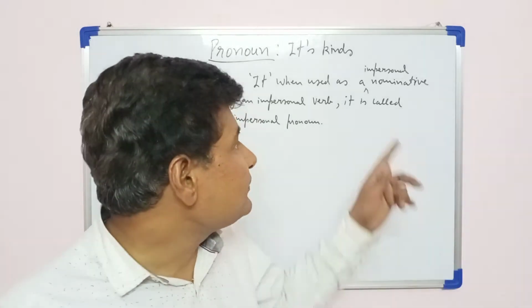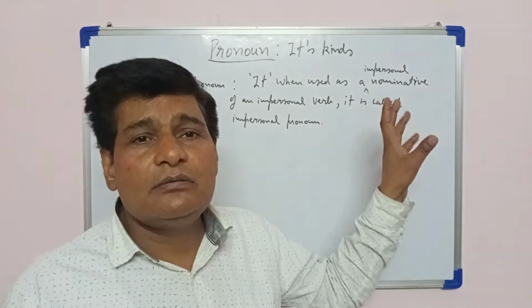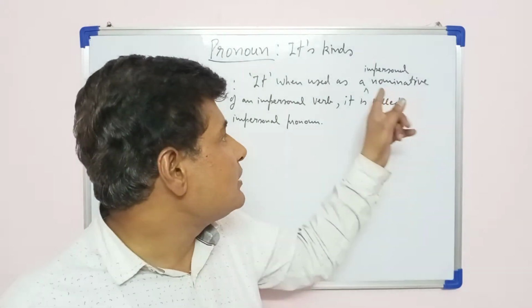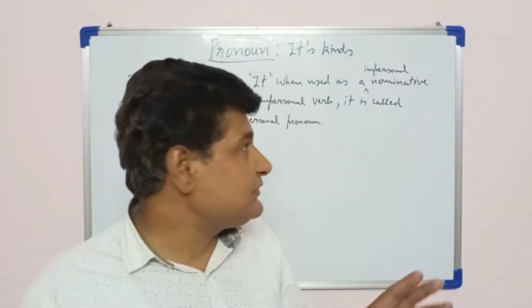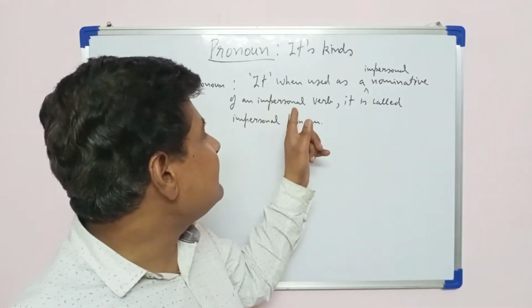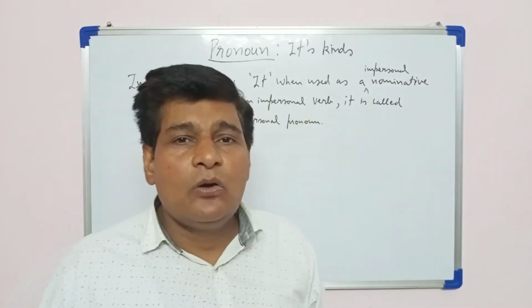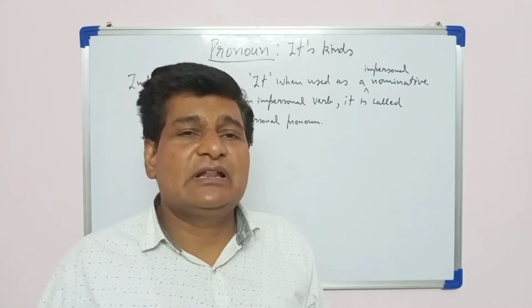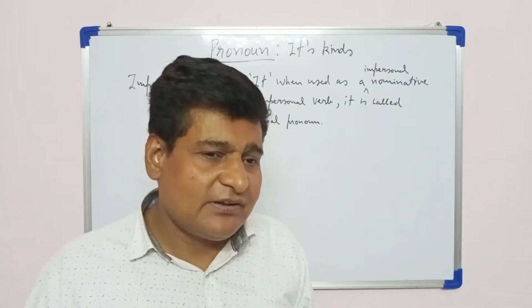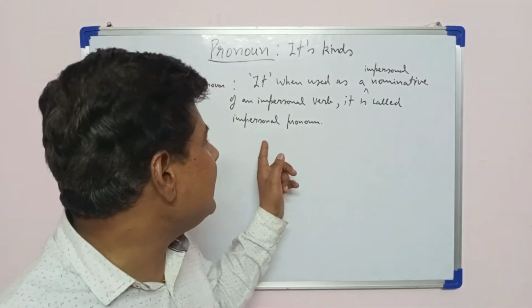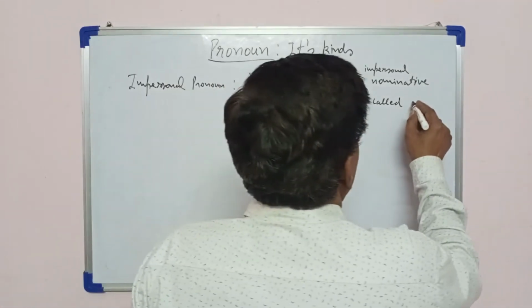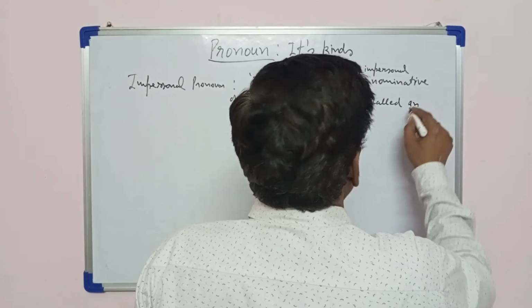So there is no personal feeling here in the subject. When it indicates a subject which is impersonal, and this subject is of an impersonal verb also, that means the verb shows some action which is not done by a person. It is called an impersonal pronoun.